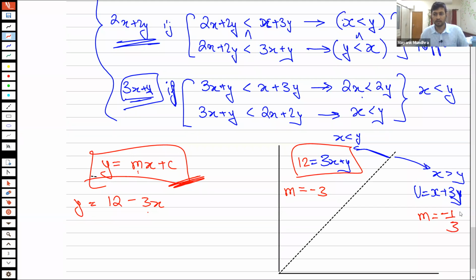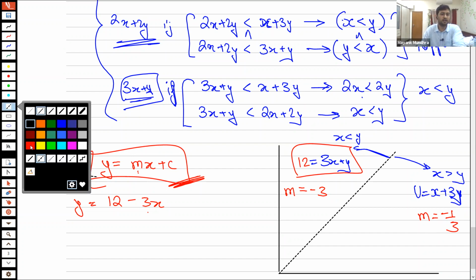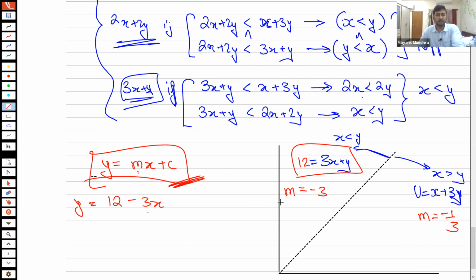I hope everybody understands this. The slope is -1/3. Now the final thing is the indifference curve. The slope would be -3 here and -1/3 there. So the ICs would look like this.